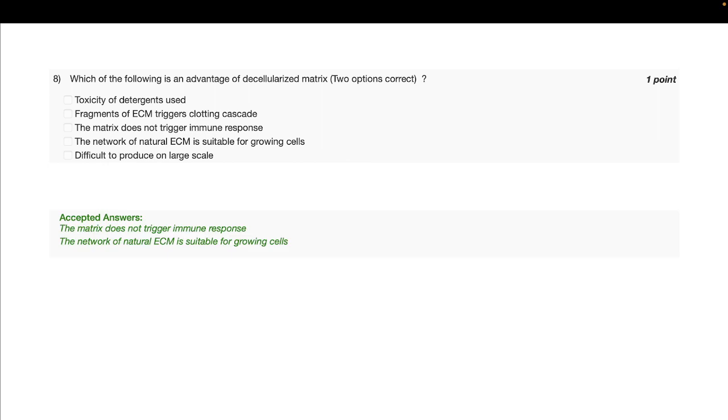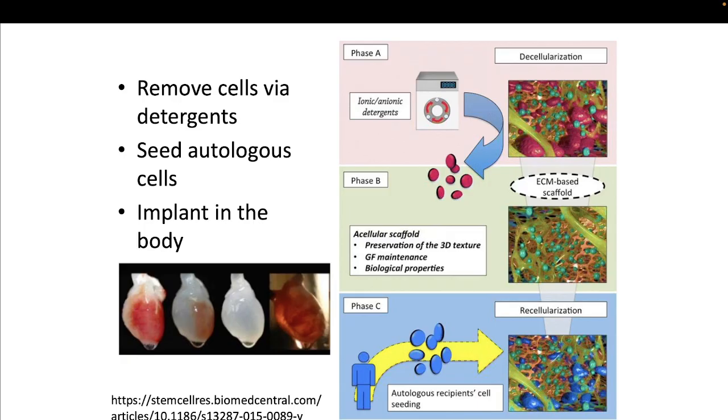We'll discuss the answers. Yes, both of you are correct. The right options are: the matrix does not trigger immune response and the network of natural ECM is suitable for growing cells. So we'll discuss decellularization a bit.